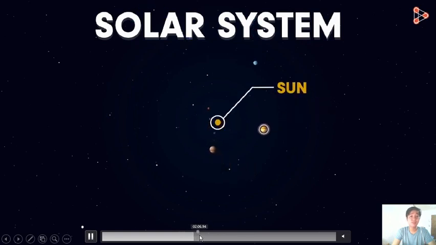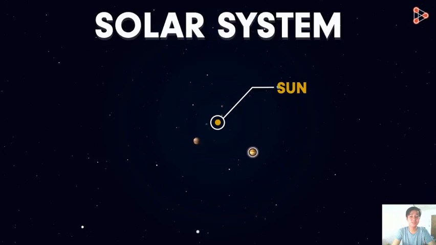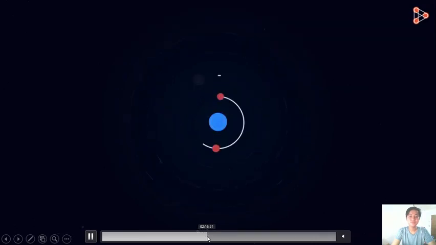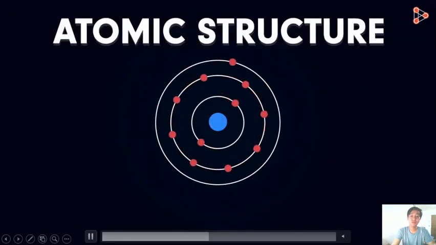Imagine that the Rutherford model can be described like a solar system. And now the atomic structure looks like this in Niels Bohr's model.